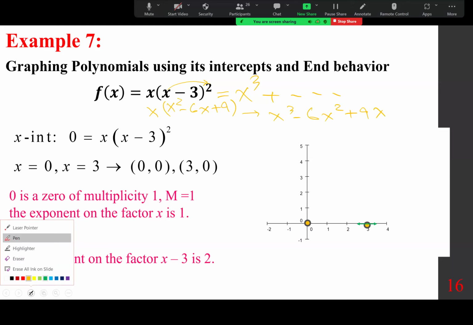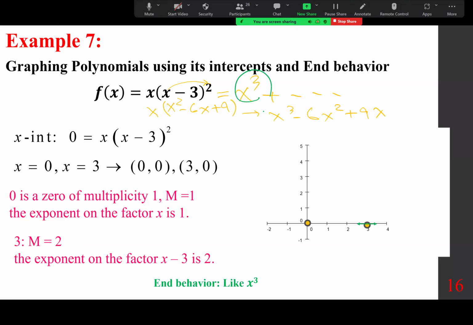However, as I mentioned, what matters is the leading term. So the end behavior is like x cubed, the first and the third quadrant.